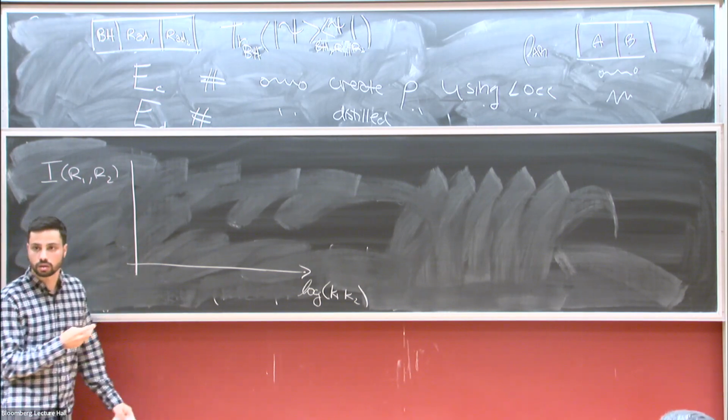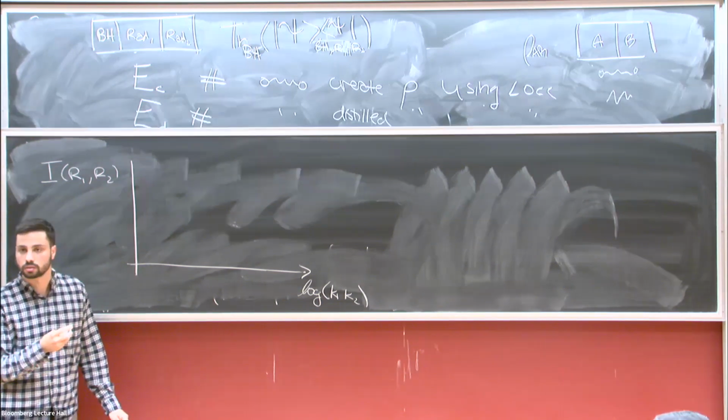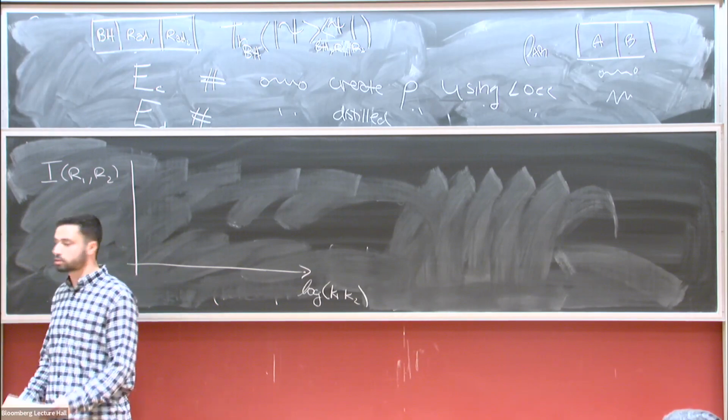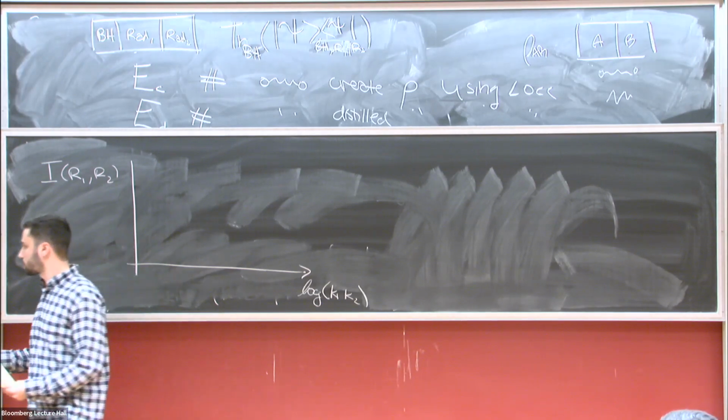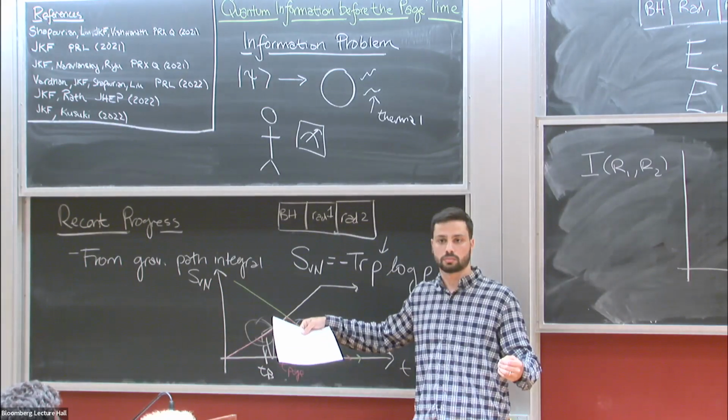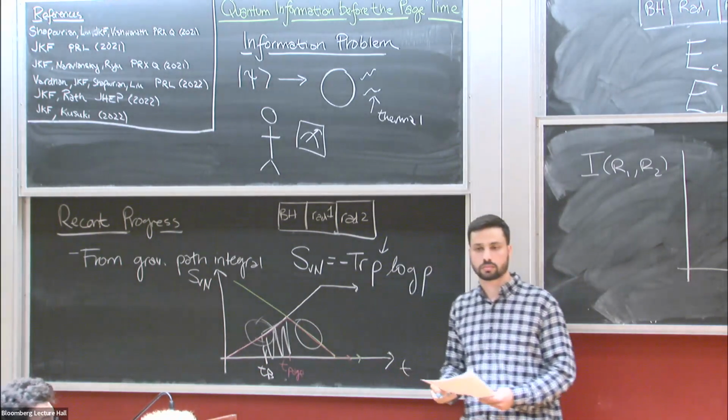Maybe I have a very simple question, and you did explain, but why did you do this radiation 1 and radiation 2? What was the logic? So the question in the second part that I'm trying to address is: are there any quantum correlations in the radiation before the Page time? So radiation 1 will correspond to what?